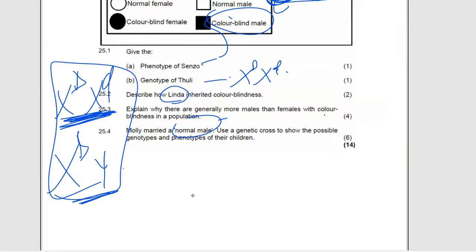Now, since this is sex-linked, you can't say 3 normal children, 1 colorblind child. You have to be specific. In terms of phenotypes, you're going to tell me who is this. This is normal, but is a lady.